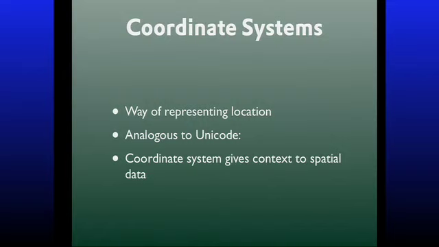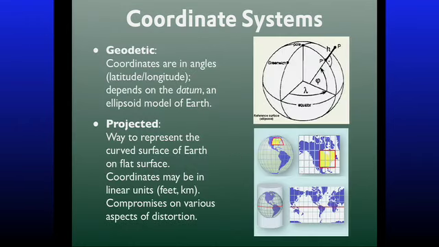Okay, so now we're going to go head first into talking about coordinate systems. They're a way of representing location. And like I said earlier, they're analogous to Unicode, and essentially they give context to the spatial data. So that's a very, very simplistic view. In general, there are two types of coordinate systems. We've got geodetic or geographic, where the coordinates are in angles, in reference to a datum, which is an ellipsoid model of the Earth.